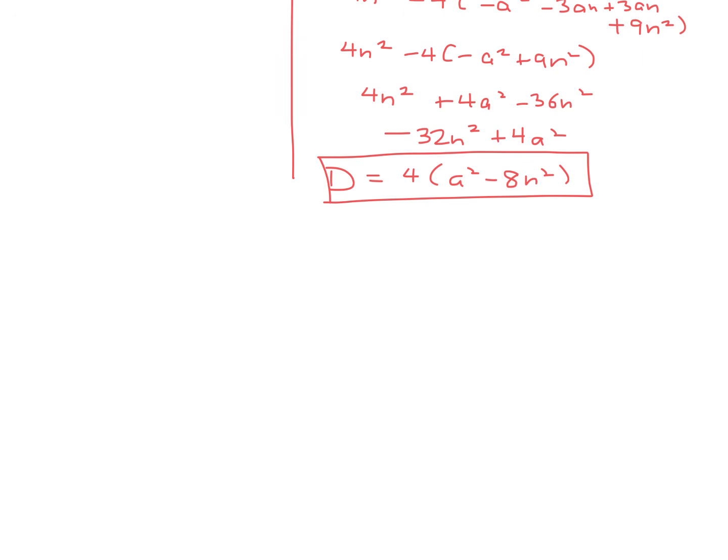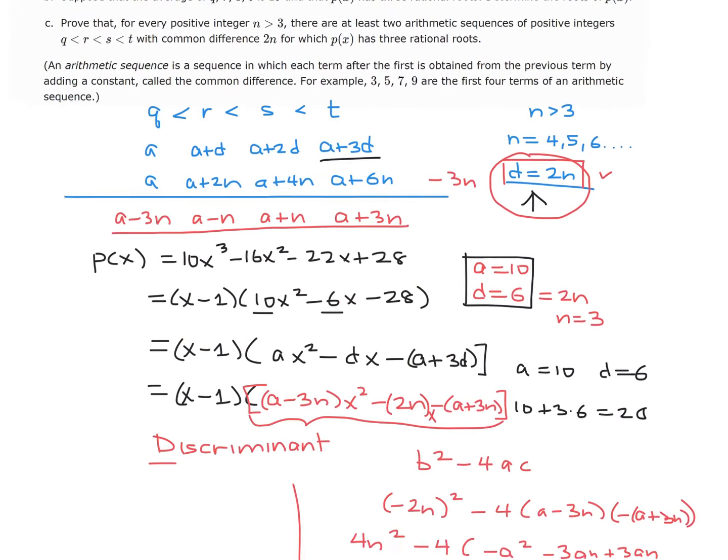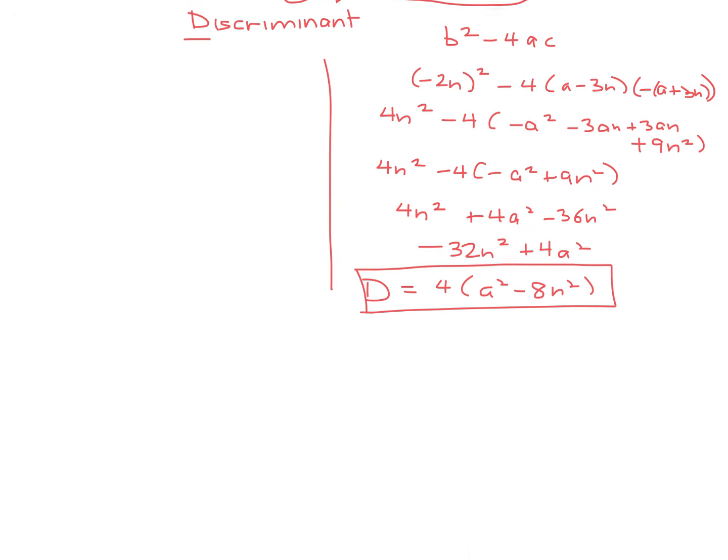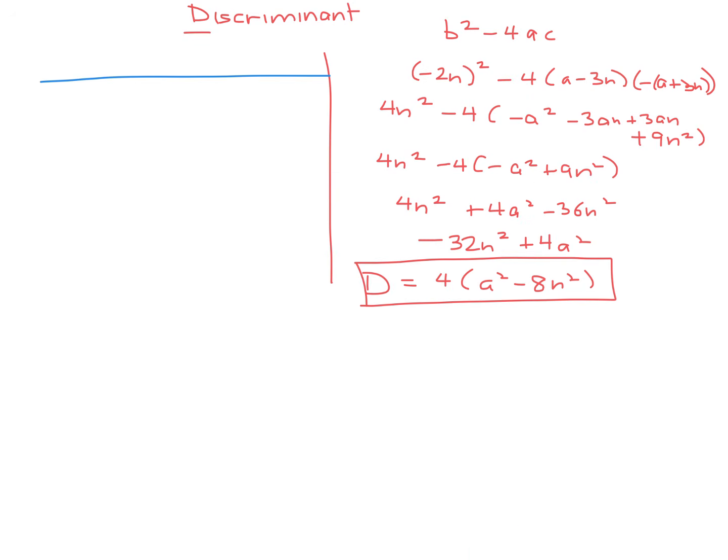Now let's remind ourselves what the question is actually asking. We've got a lot of conditions here. First, n has got to be greater than 3. Then there has to be at least 2 arithmetic sequences of positive integers with a common difference of 2n, and the 3 rational roots. Okay, so let's summarize those conditions on the side here. The first thing is that we have to be able to find 2 arithmetic sequences.